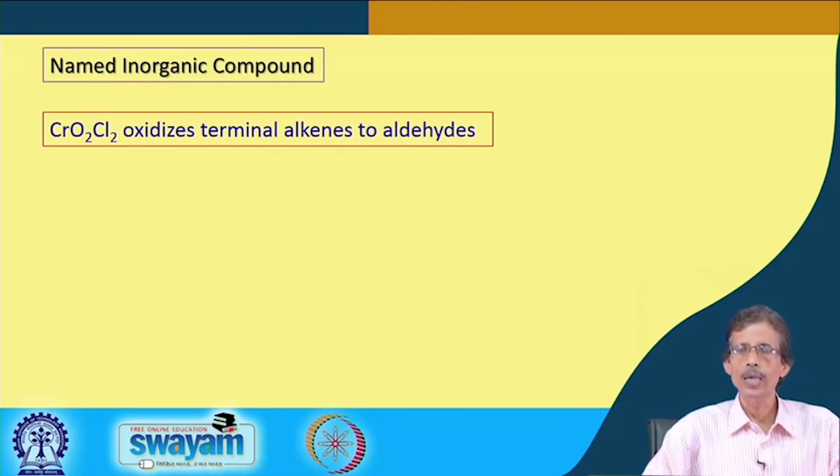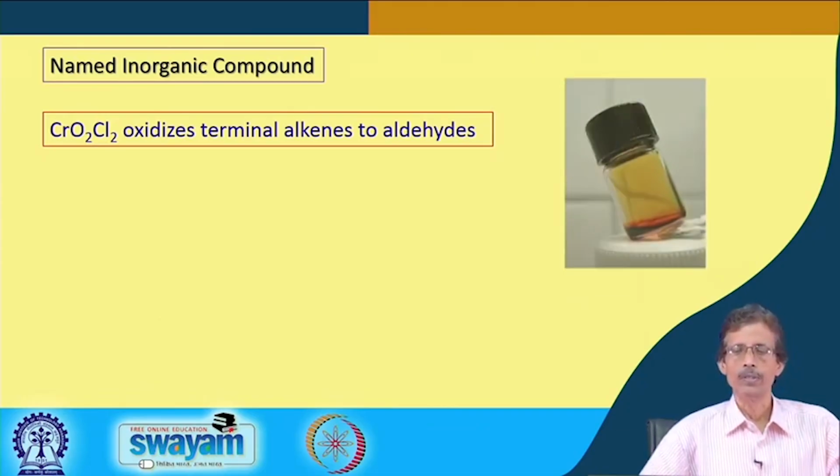It also has a +6 oxidation state, because your 2 O2 gives you 4 negative charges, along with the 2 chloride charges, making 6 negative charges in it. This chromyl chloride species can be formed very easily in the laboratory.